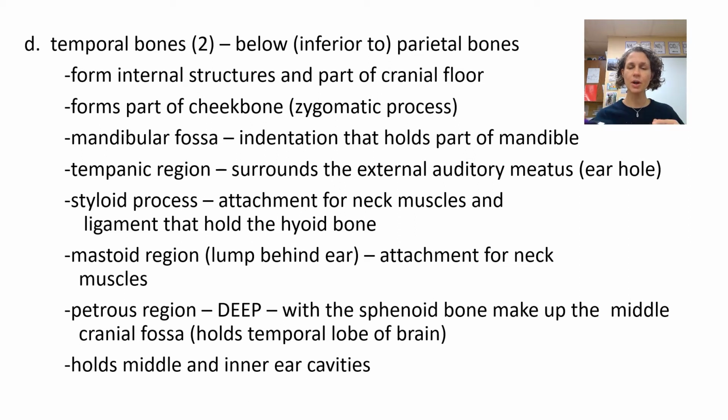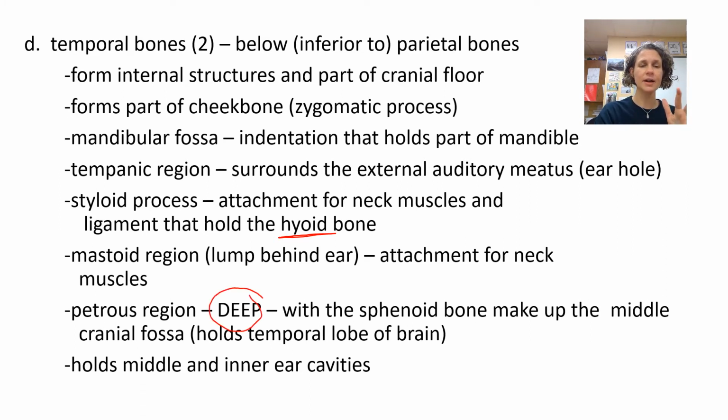You have a styloid process, which again is a little projection that muscles are attached to for your neck. The very last bone that we'll get to, your hyoid bone, is also attached there. The mastoid region, if you feel right behind your ears, you have a big lump back there. That's where muscles are attached. And then internally, you have the petrous region. And so this is deep.